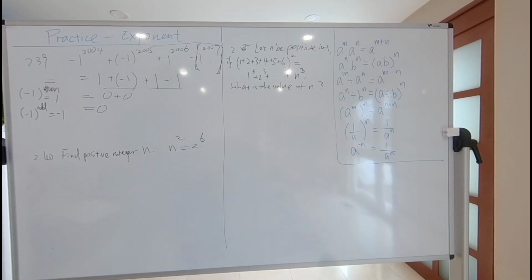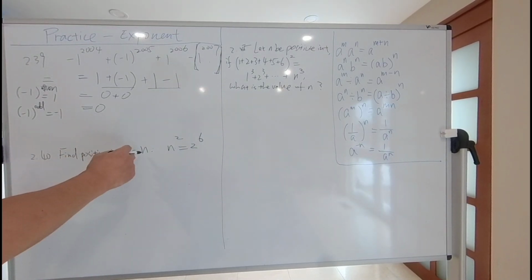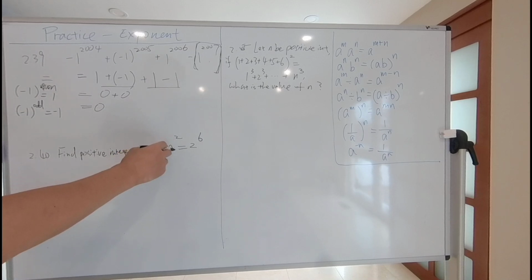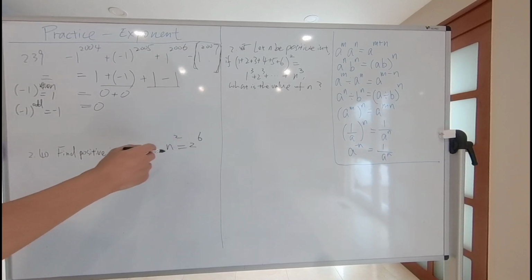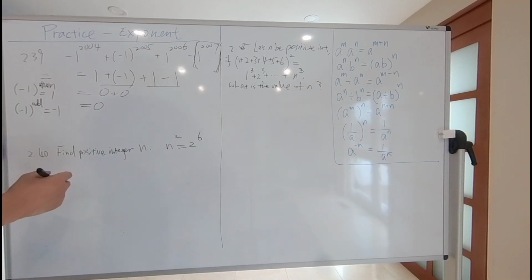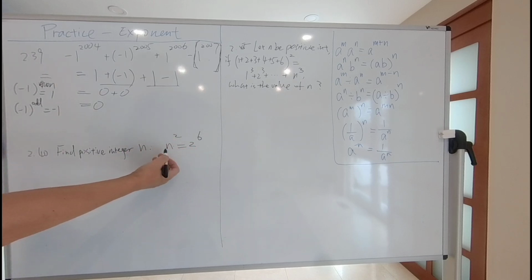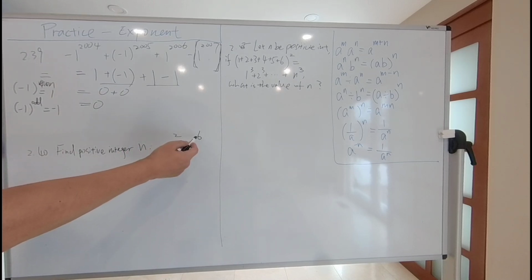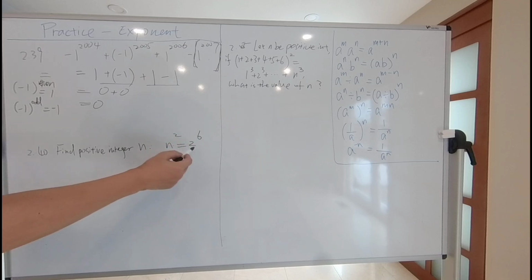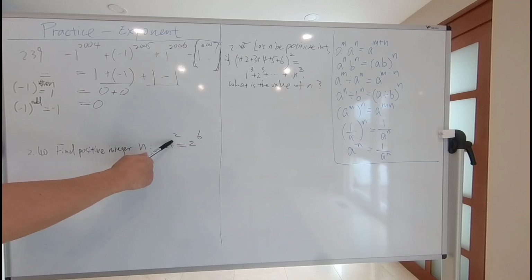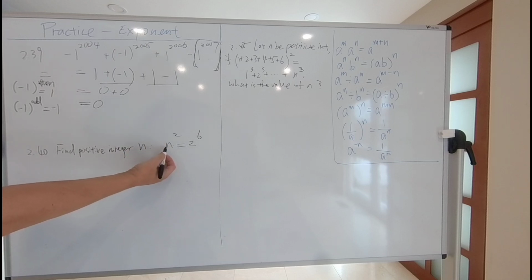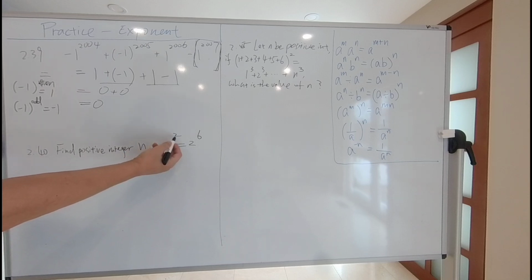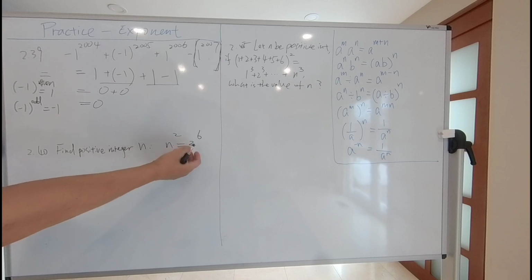The next question, find a positive integer n such that n squared equals 2 to the 6th power. So here, we're looking for either the same base number or the same power. If the power is the same, then the base must be the same. Here we need to convert something, because on the left-hand side n is to the 2nd power, but on the right-hand side it's a 6th power.